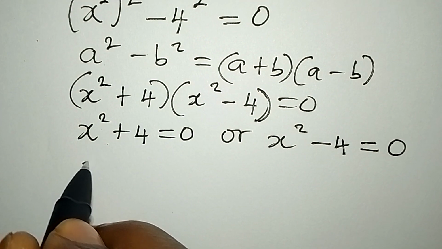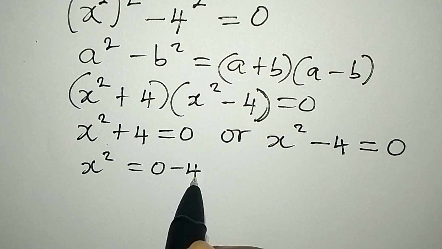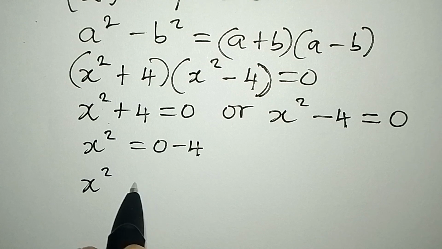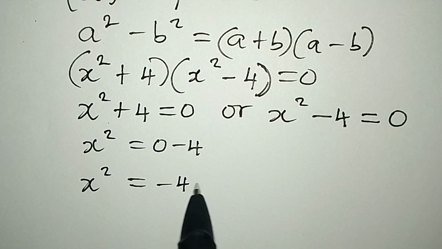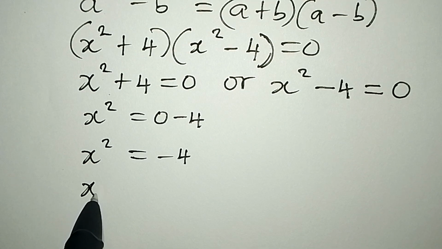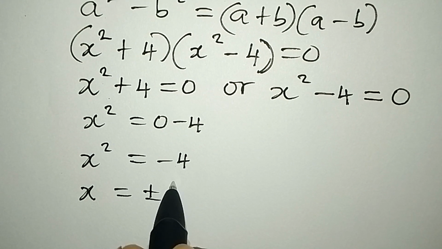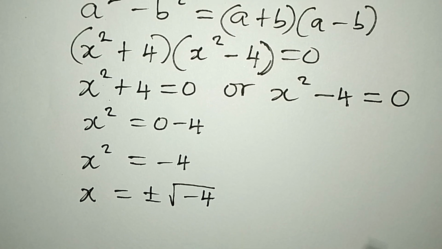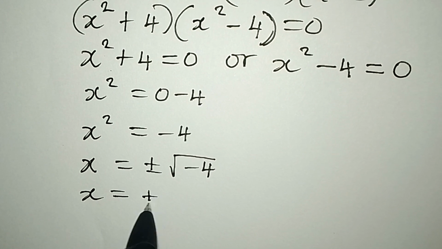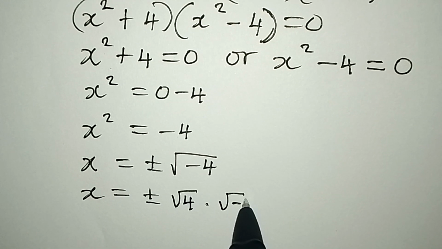And then from here, x squared is equal to 0 minus 4, and then x squared is equal to minus 4. Now what can I do to this? This means that x is equal to plus or minus square root of negative 4. This equally means that x is equal to plus or minus square root of 4 multiplied by square root of -1.